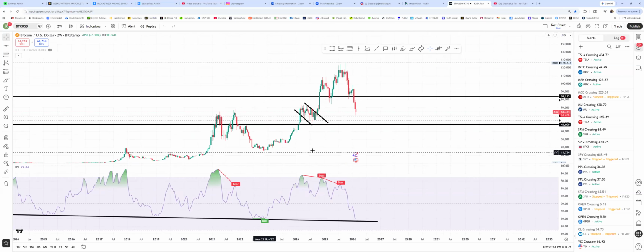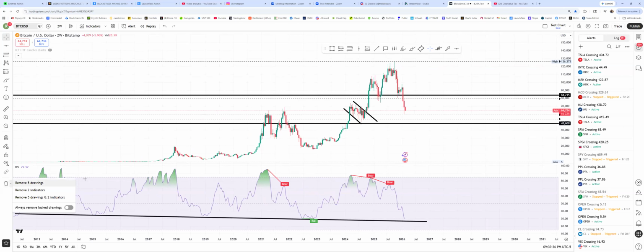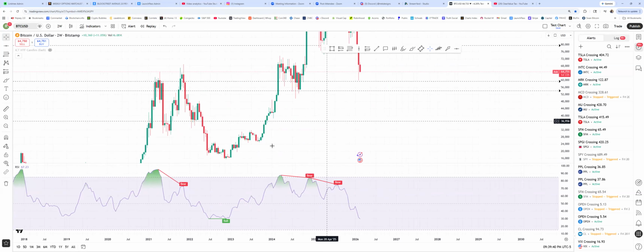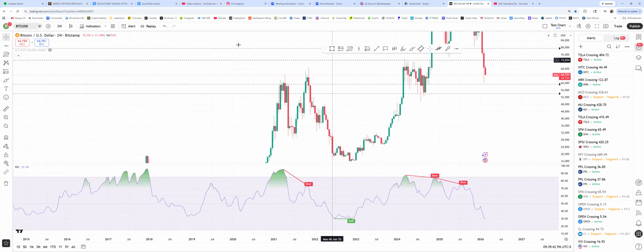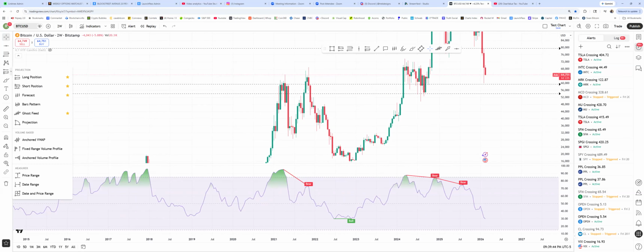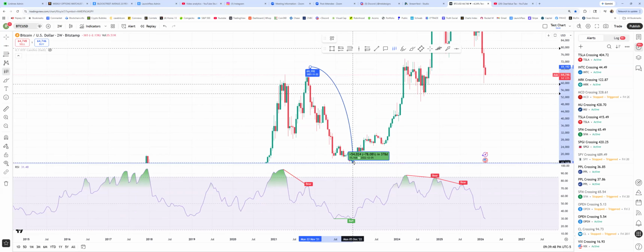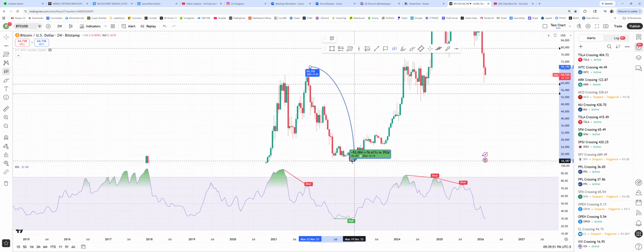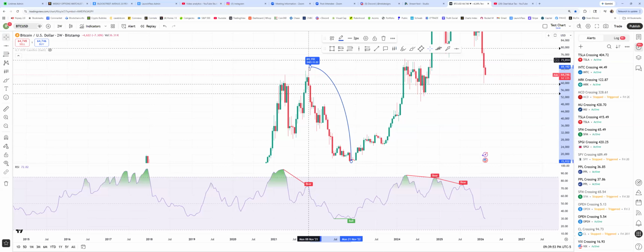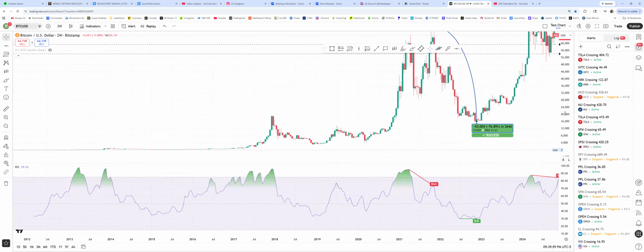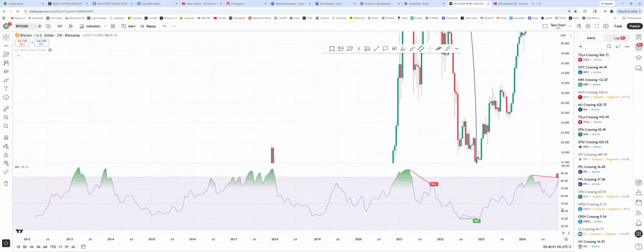Don't be surprised. Let's forget about this current cycle. We went from here to here, that is a 77% drop from the high, right? What I have noticed is the drops are becoming less.